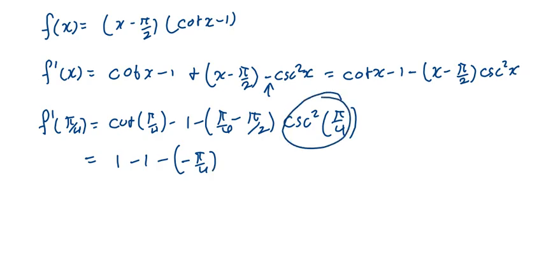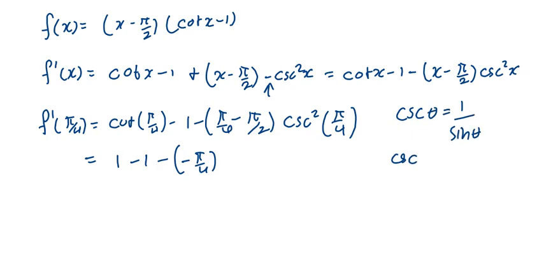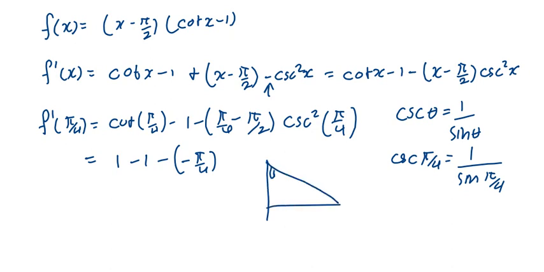Then for this part, we know that cosecant theta is equal to 1 over sine theta. So cosecant pi over 4 is the same as 1 over sine pi over 4. Remember, we drew a triangle somewhat like this. If you have 45 degrees here, and 45, you have 1, you have 1, you have the square root of 2. So sine 45 is basically 1 over the square root of 2.